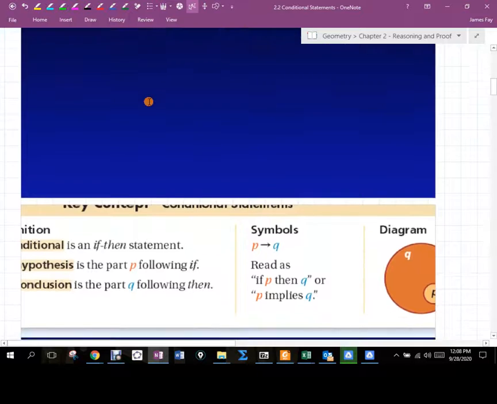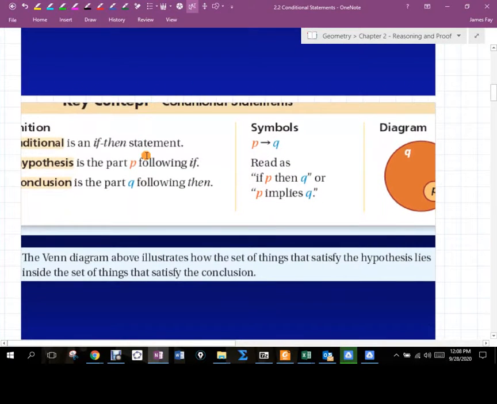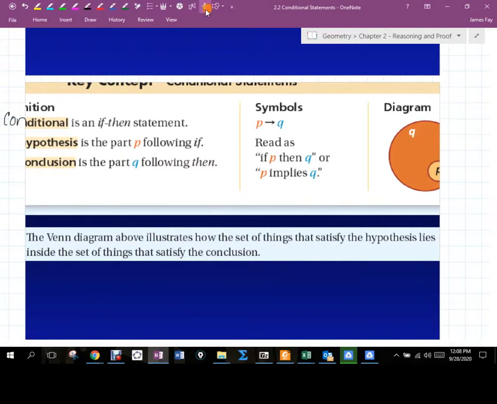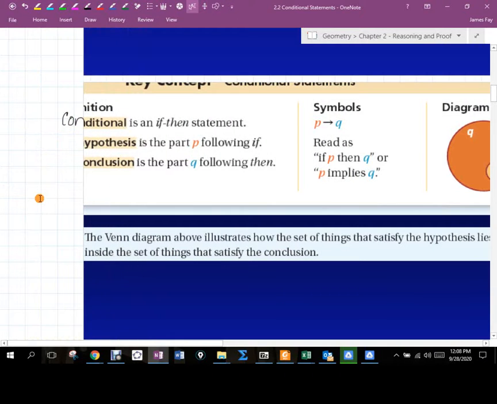But it's called conditional statements. I know some of these words got cut off when this merged over to OneNote, but this word here is conditional. Pearson, like a lot of textbooks, calls it an if-then statement, but that's not very insightful.